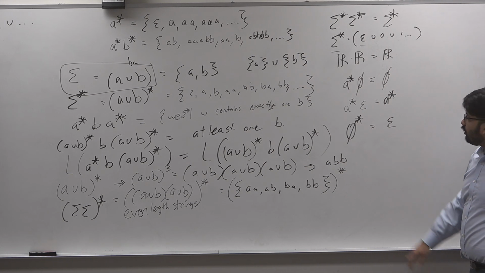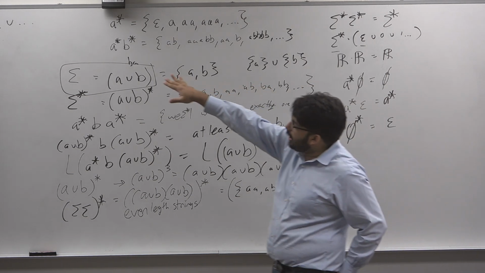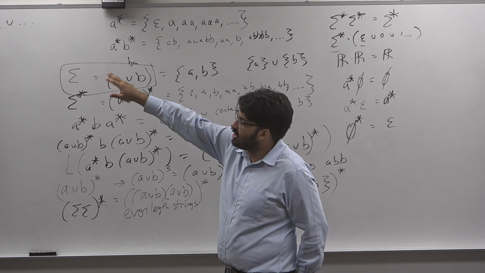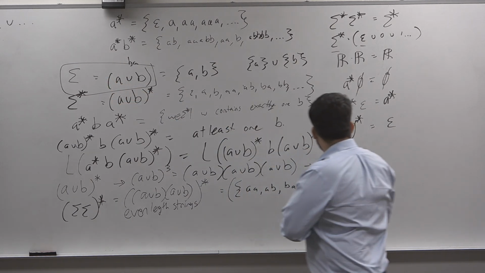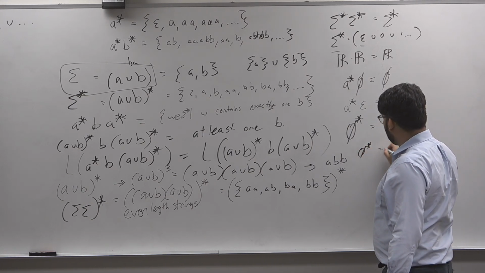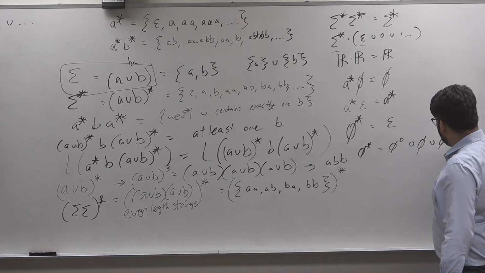Star means 0 or more copies of strings in this language, right? So if you take star as 0 or more copies of strings in that language, you're going to have L to the 0, which is in fact going to contain the empty string. So this will be the empty set to the 0, union the empty set, union the empty set squared, union and so on.